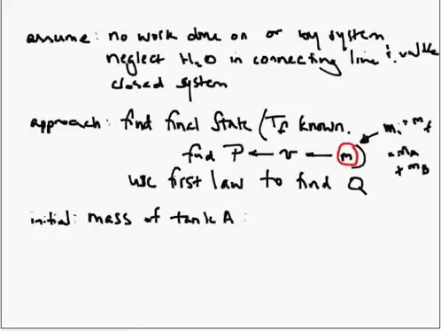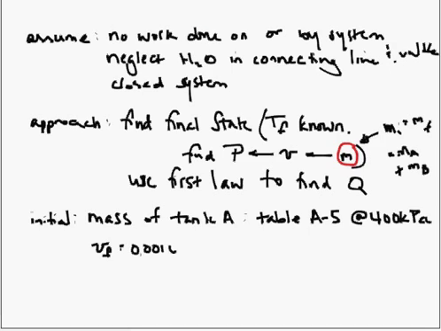Okay. So mass of tank A. To do this, I'm going to first go to table A5, which, to remind you, is our saturated liquid vapor table for water. And I'm going to look at the properties at 400 kPa. There I see that the specific volume of saturated liquid is this value.